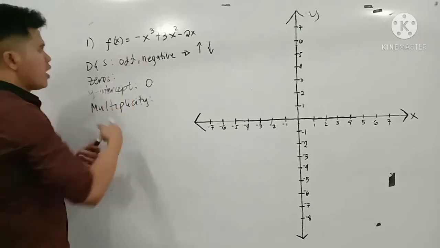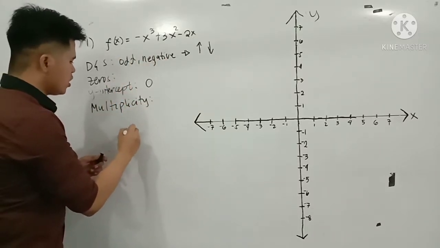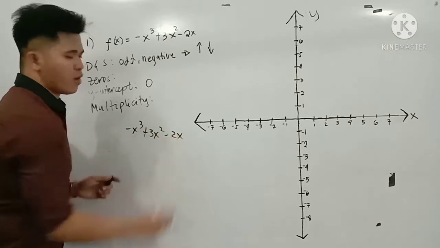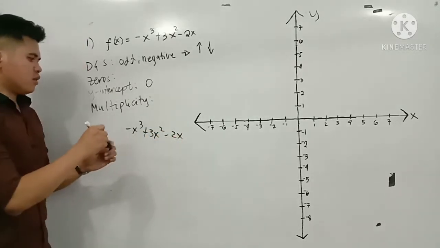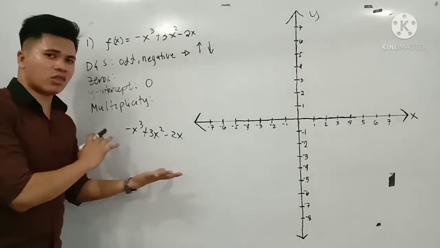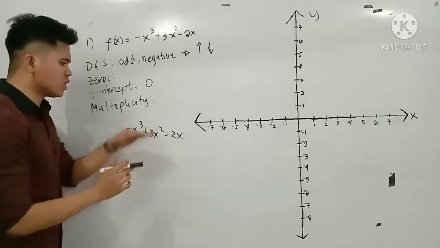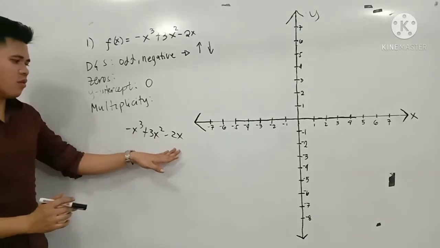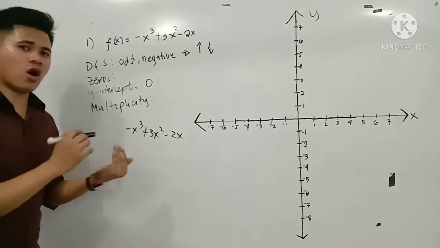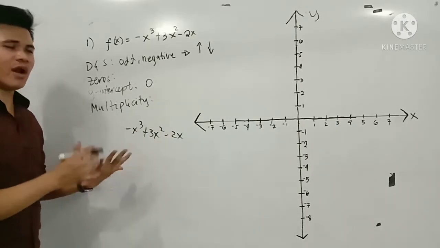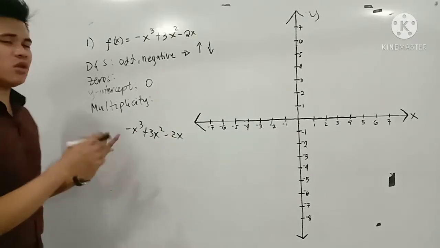So, now, I'll copy first this given equation, negative x cubed plus 3x squared minus 2x. This time, I can use factoring since there is no constant here. Automatically, this given polynomial has a common factor. All the terms have a common factor, so I can use a common monomial factor.